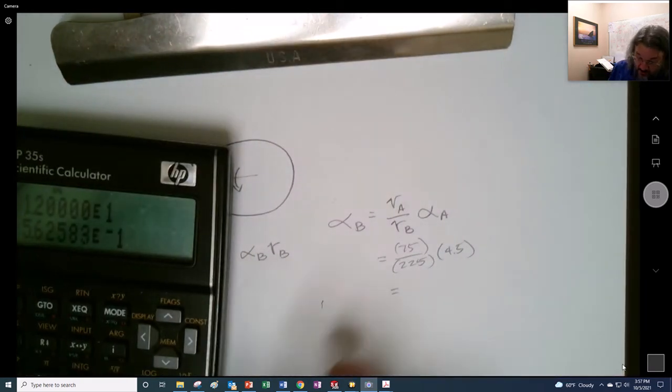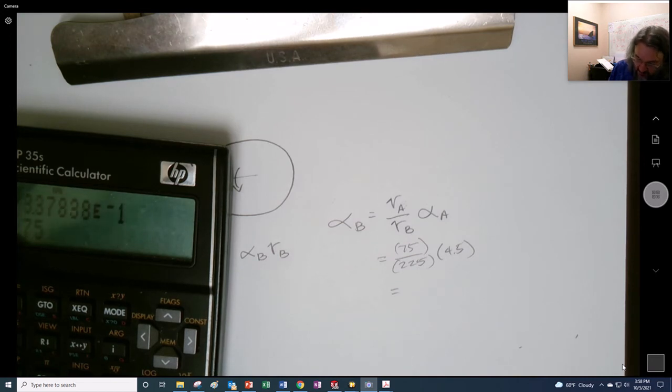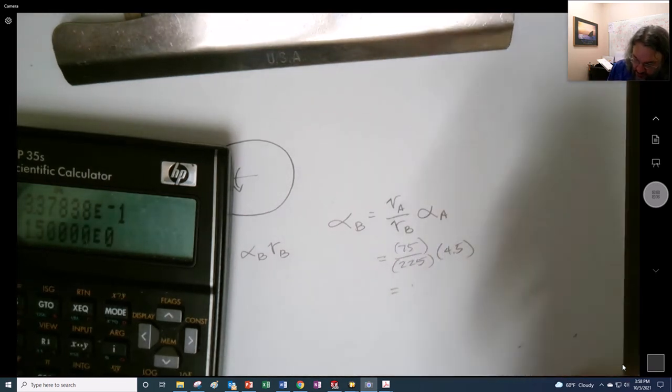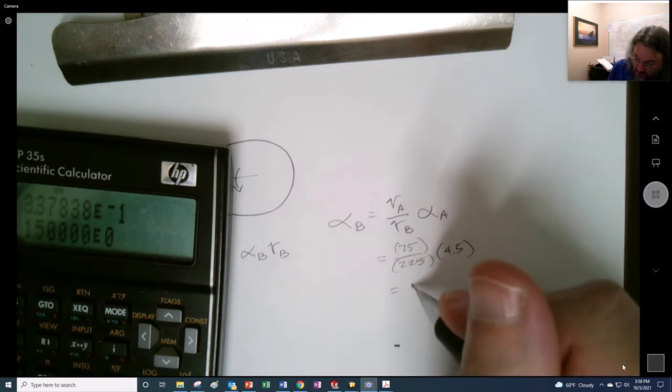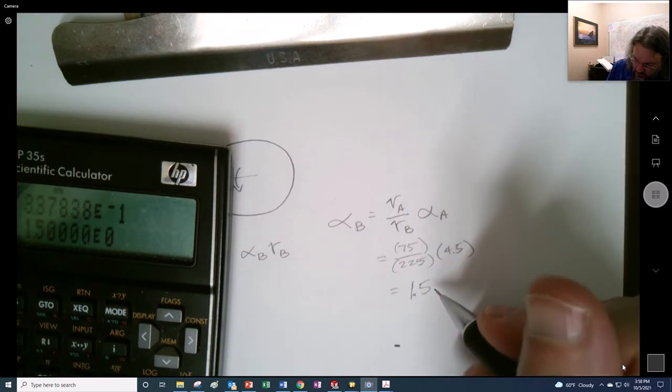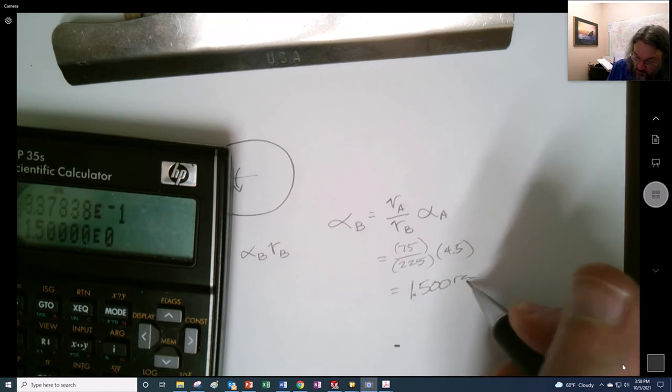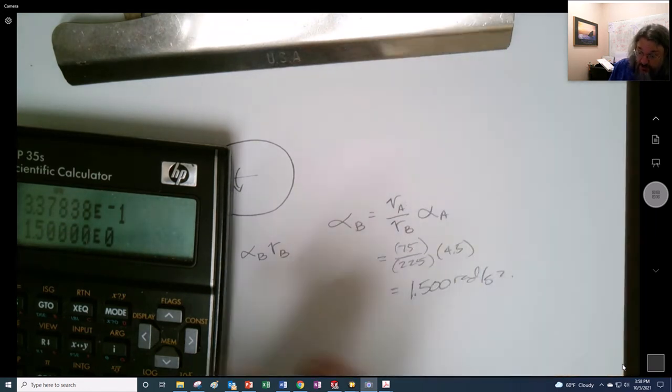It's really going to be 1/3 of it, by the way. So 4.5 over 3 is just 1.5 radians per second squared.